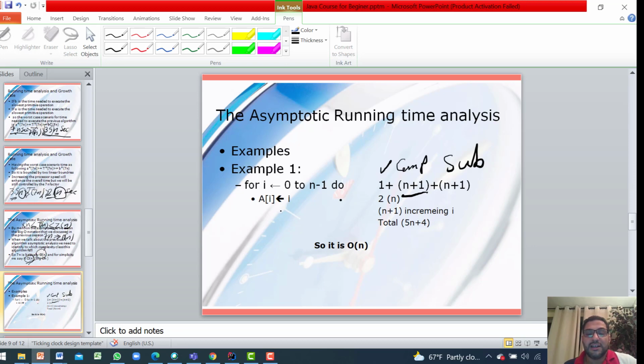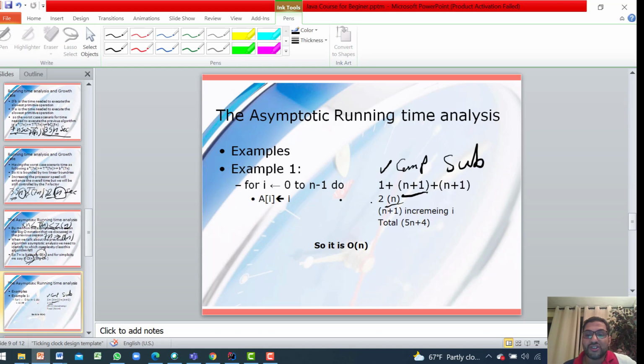And here, how many times am I gonna do this operation? I'm gonna do it n times, right? n times, because I'm gonna enter the for loop n times. And when I enter the for loop, how many operations did I do here? I have indexing of an array, which is one operation, and then the assignment operation, a of i equals i.